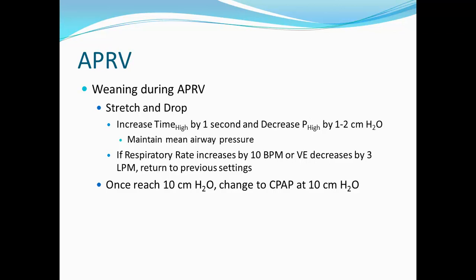However, if while doing this the patient's spontaneous respiratory rate increases generally by 10 breaths per minute, or the minute ventilation decreases by 3 liters per minute, you may need to consider returning to the previous settings. Once the P high has been reduced down to 10 centimeters of water, you should be able to change the patient over to CPAP of 10 and continue with the spontaneous breathing trial.